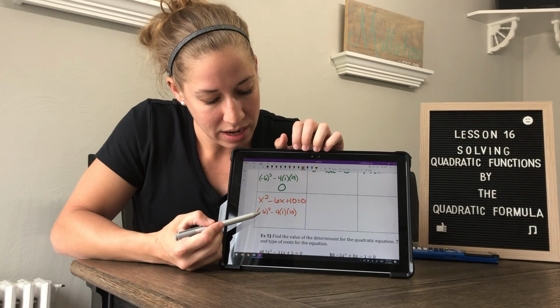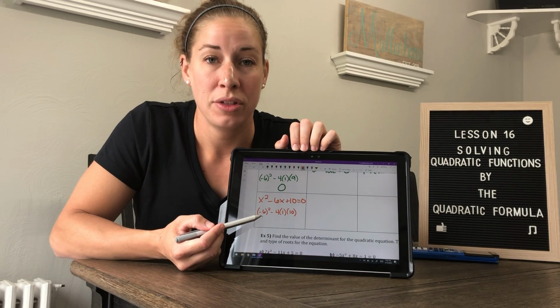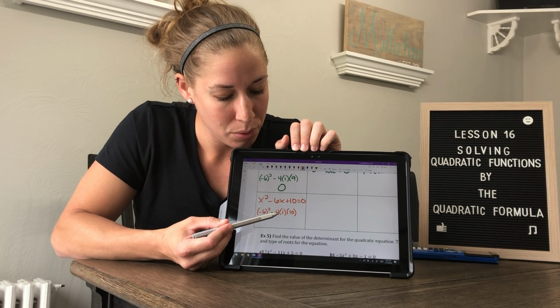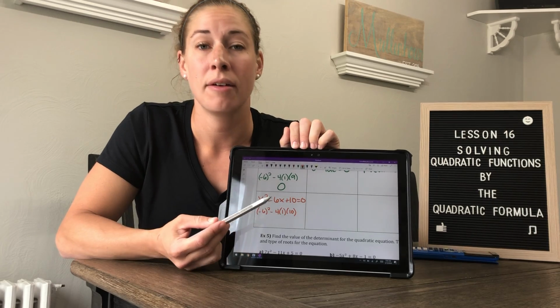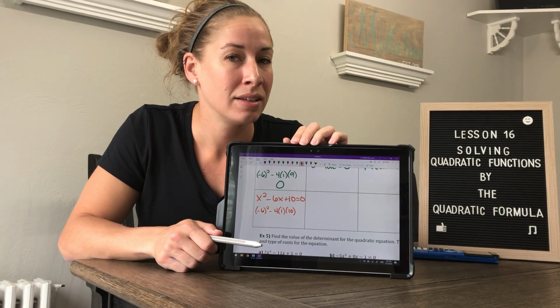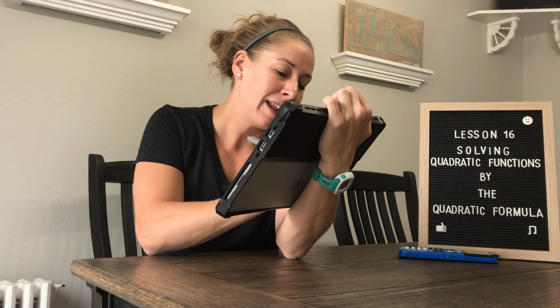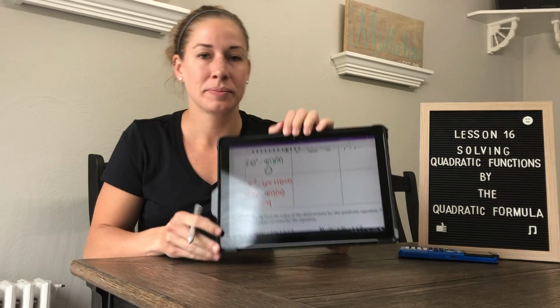So we've got negative 6 squared minus 4 times 1 times 10. We've got our 36 minus 4 times 1 is 4 times 10 is 40. So 36 minus 40, okay, we have a smaller number minus a bigger number, is going to be negative 4.